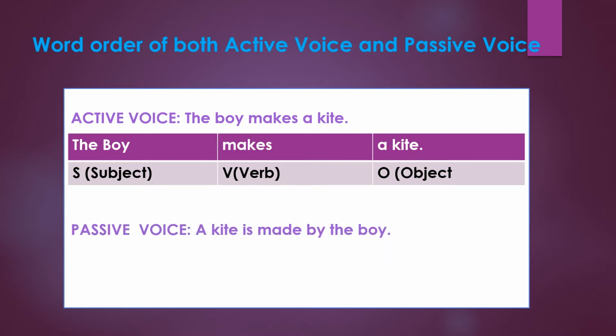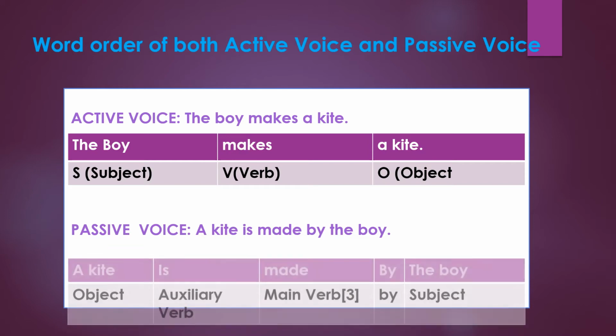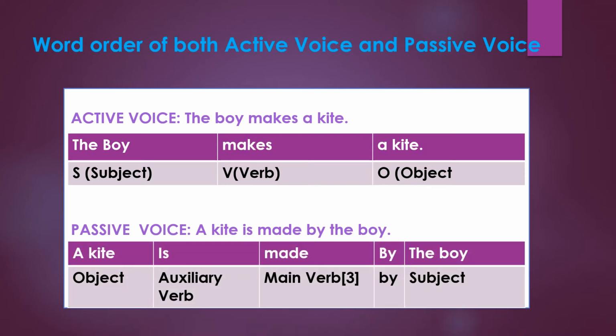Now, if we take the same sentence for the passive voice, the word order gets changed. What is it? A kite is made by the boy. Here, the object takes the place of subject. Then auxiliary verb. Then the main verb, the third form or participle form of the verb.